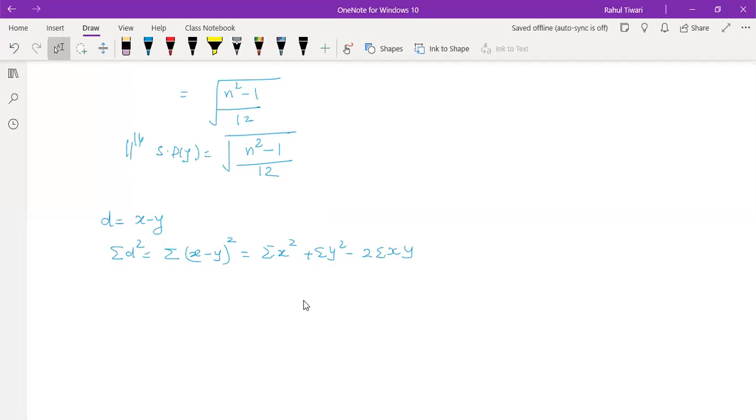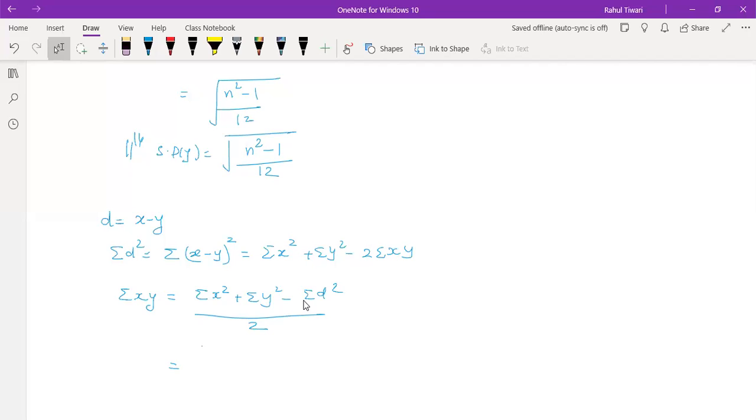So what is the summation xy from here? The summation xy is nothing but summation x square plus summation y square minus summation of d square, whole thing divided by 2. Right? Because we have a 2. But you know summation of x square, you know summation of y square, right? So we can substitute. This is 2 times now, because it is the same.